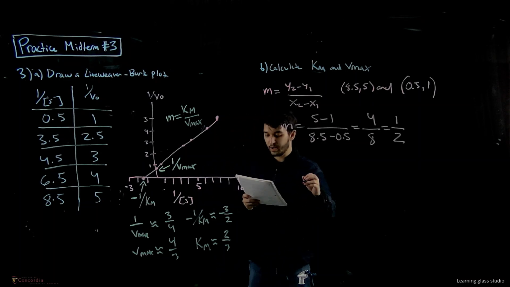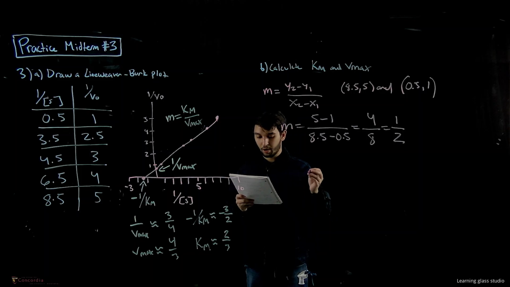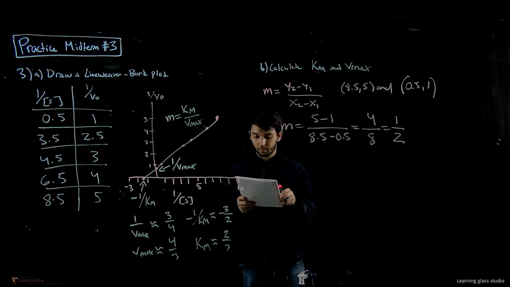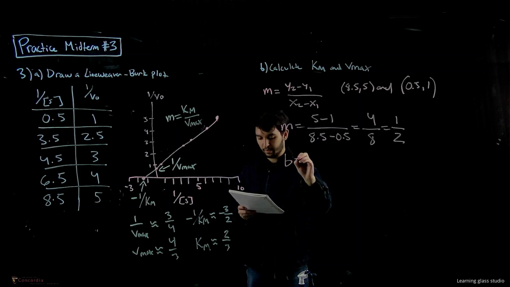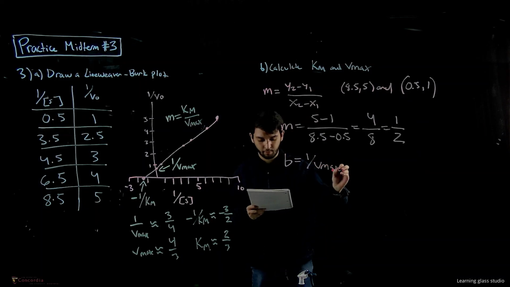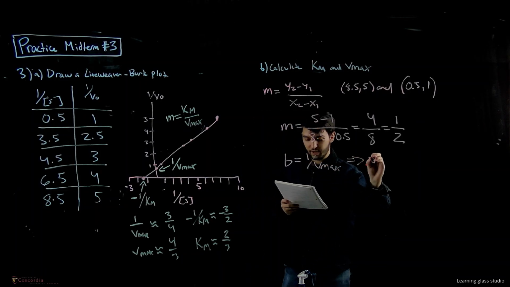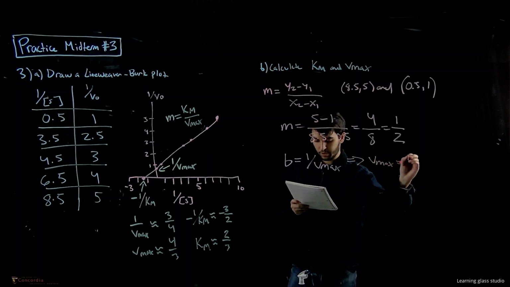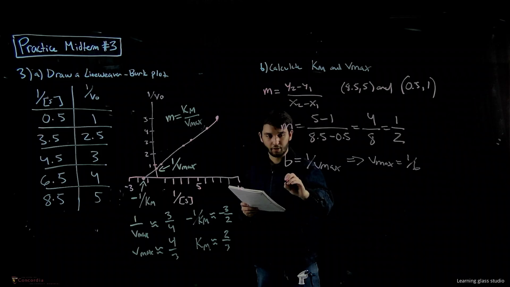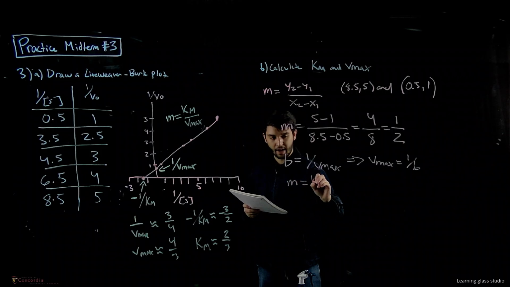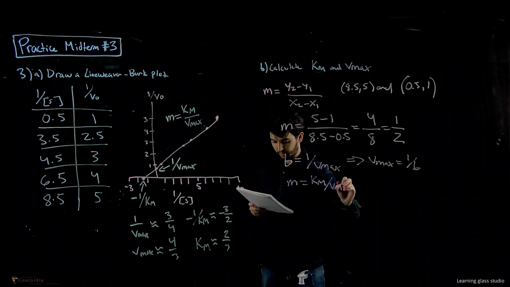So we know in the equation, we know that our y-intercept here, so B, is going to be equal to 1 over Vmax. So thus we know Vmax is equal to 1 over B. And we know that our slope is equal to Km over Vmax.